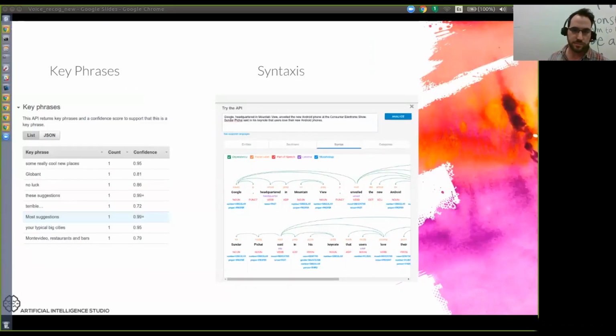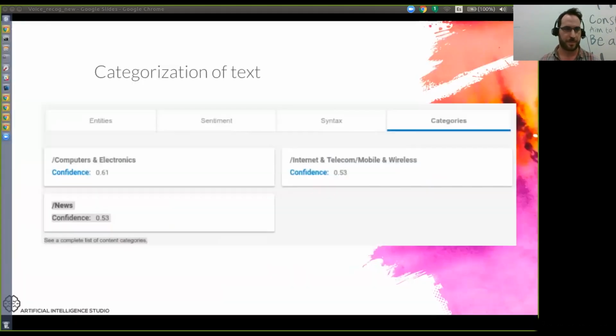Key phrases help in understanding better what is going on, and there are more advanced tools like syntax analysis, which I'm not going to go deep into here, and categorization of text, which is self-explanatory. So many tools. It is up to your imagination. You can do whatever you want. You just need to figure out what you want to do.